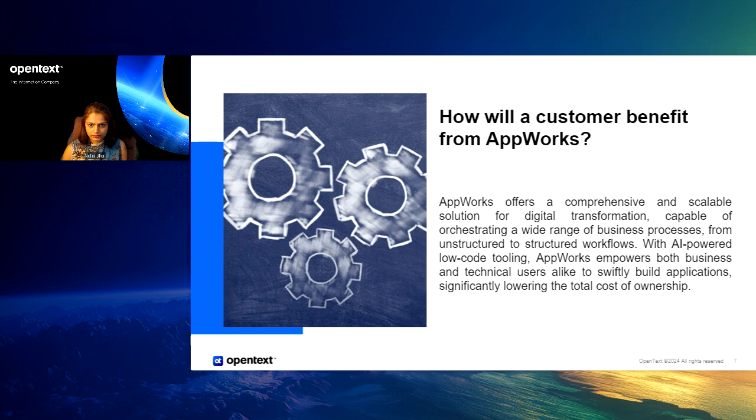With AI-powered low-code tooling, both business and technical users can rapidly build applications, significantly lowering the total cost of ownership and increasing agility. As business needs evolve, AppWorks can easily scale to accommodate growing workloads and complexities.